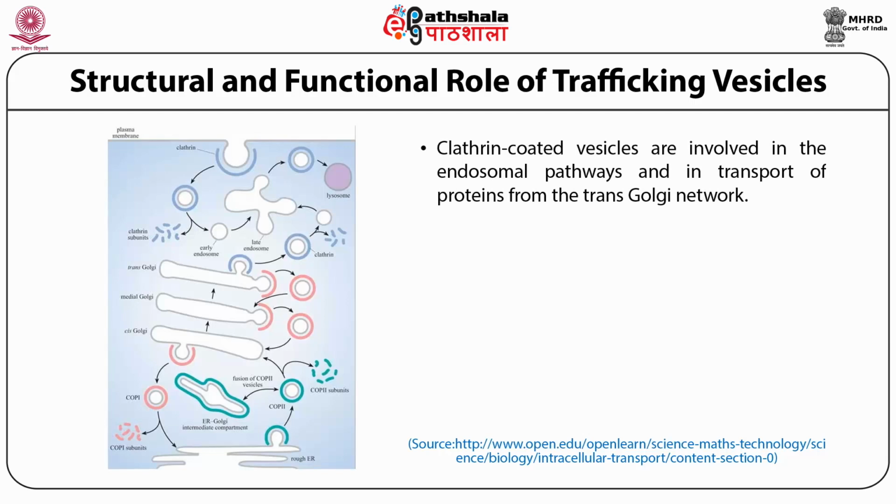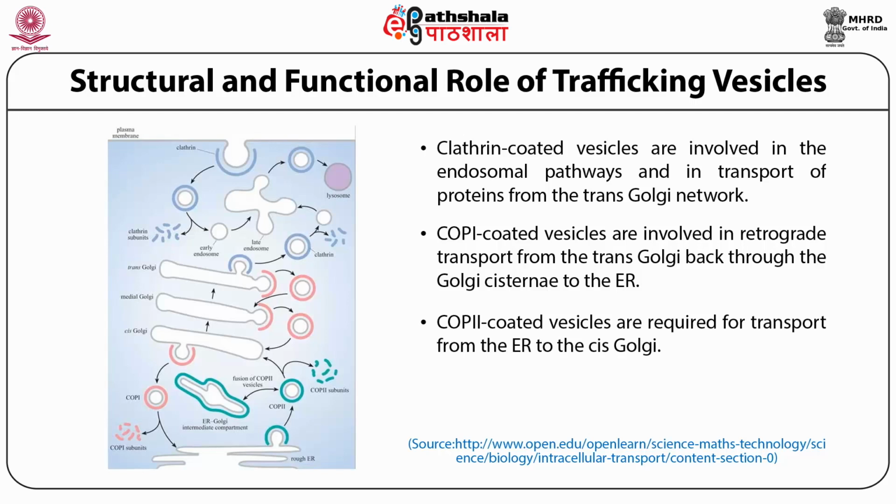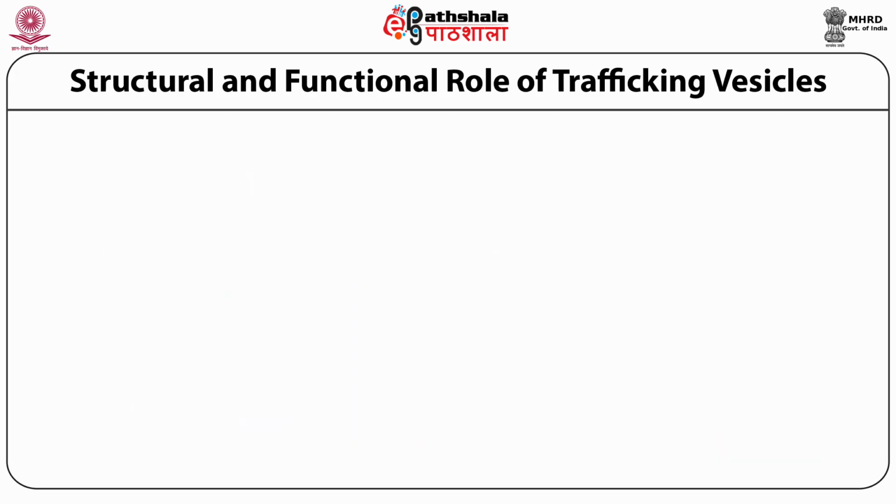Clathrin coated vesicles are involved in the endosomal pathway and in transport of proteins from the trans-Golgi network, while COP1 coated vesicles are involved in the retrograde transport from the trans-Golgi apparatus back through the Golgi cisternae towards the endoplasmic reticulum. And lastly, the COP2 vesicles are required for transport from the endoplasmic reticulum towards the cis-Golgi system.